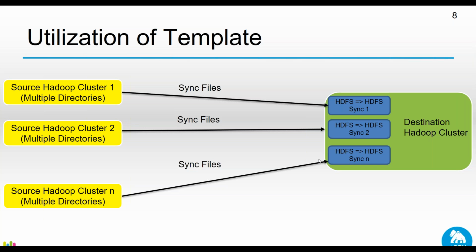As you can see in this diagram, Sync 1 starts reading files from Hadoop cluster 1, and as per the configuration provided to this template, it could read from multiple directories or a single directory, and based on the regular expression, those files get continuously polled by this deployment on that particular destination Hadoop cluster.